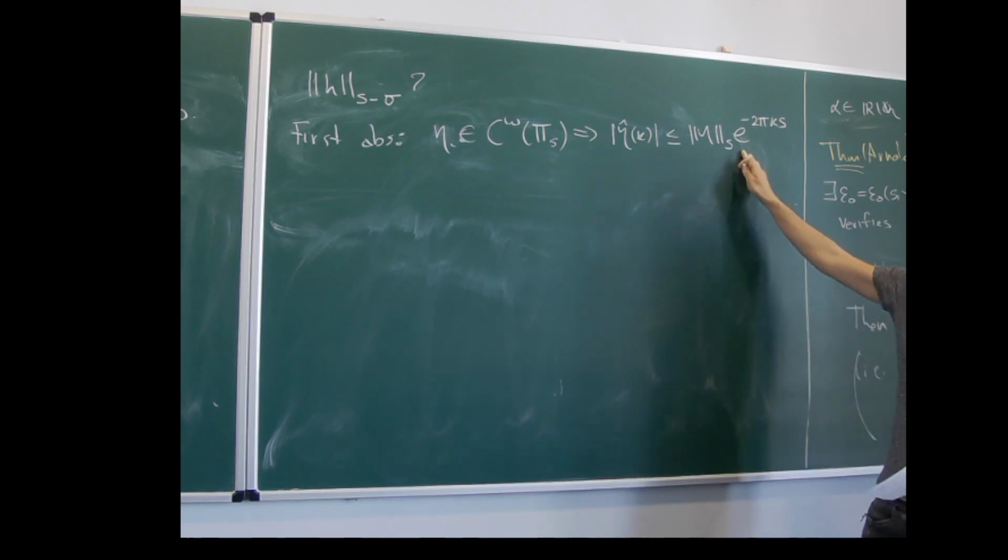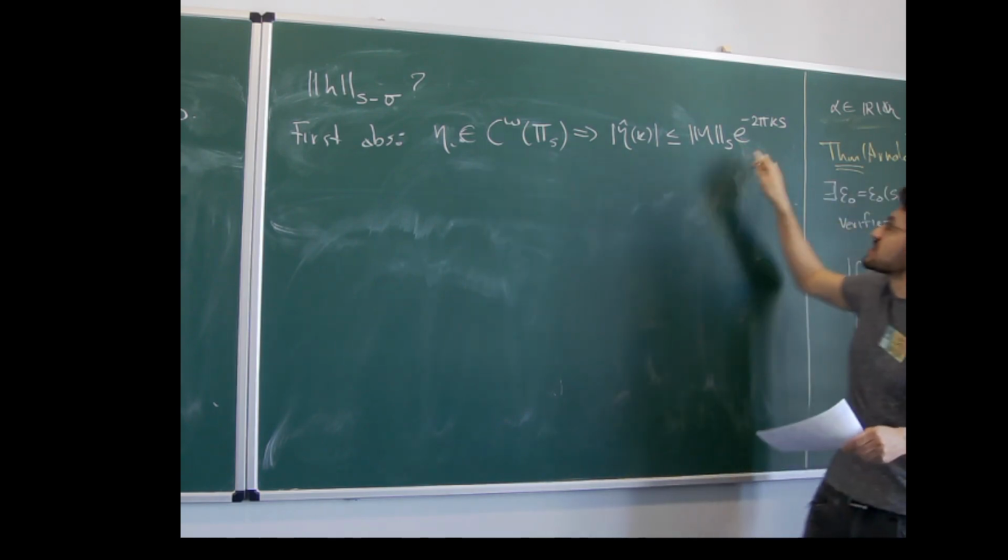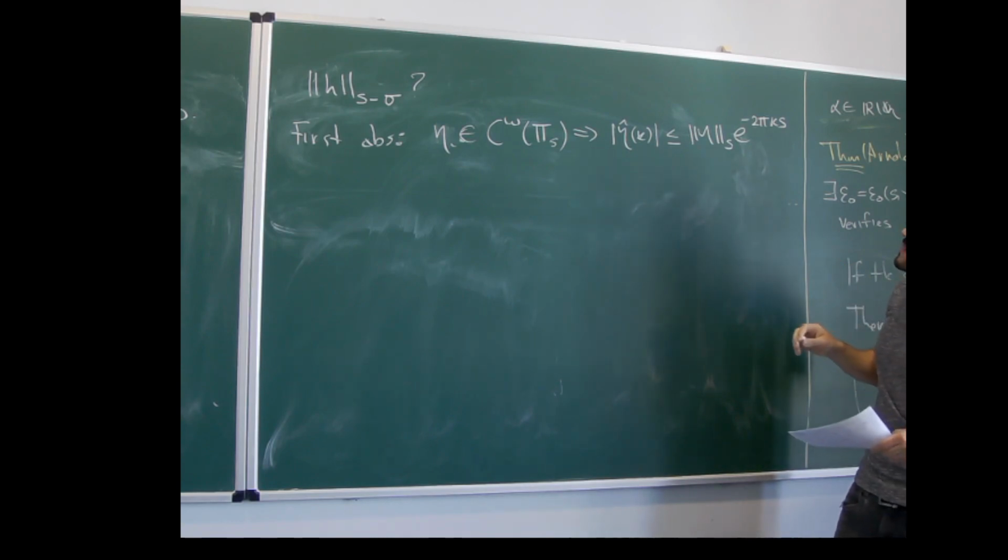Is everyone happy with this? I mean, we can show it, but it's a classical fact, and since I don't have much time, I think I will skip it. Just because you're analytic, you know that this decreases exponentially in the absolute value of k.